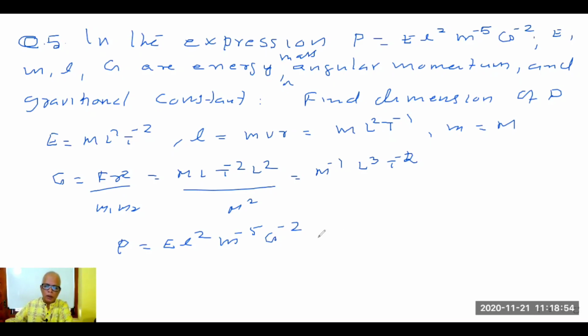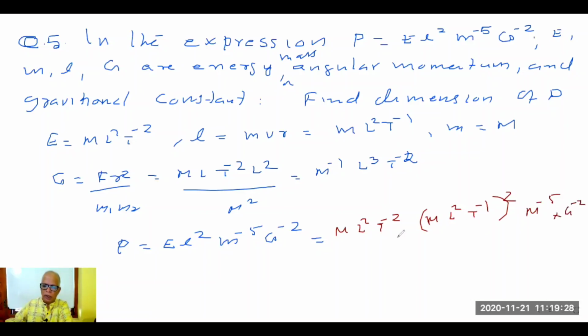E is M L square T minus 2. Then L square is the dimension M L square T minus 1, the whole square, into M raised to minus 5, into G raised to minus 2.